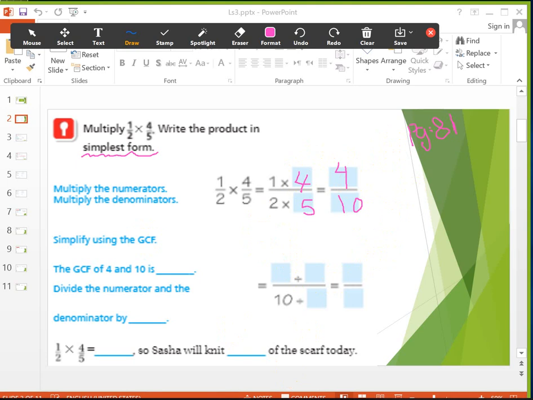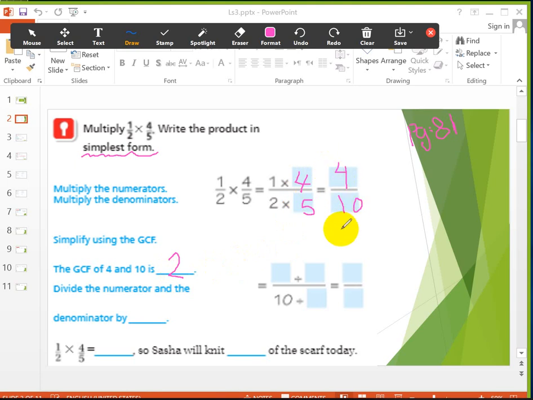Because 4 and 10 are able to be divided by a number. What is the greatest factor that I can divide 4 and 10 by? I have to think about GCF. The greatest common factor between numerator and denominator is 2. Thank you, Lamar. So I can divide both 4 and 10 by 2.